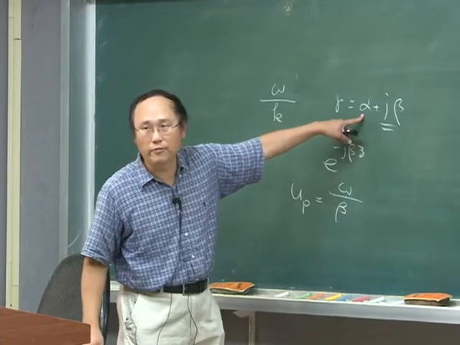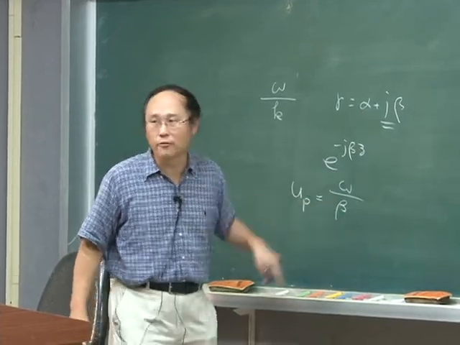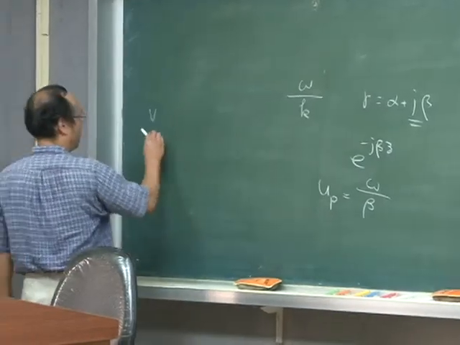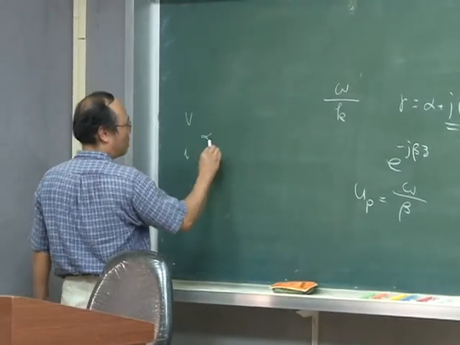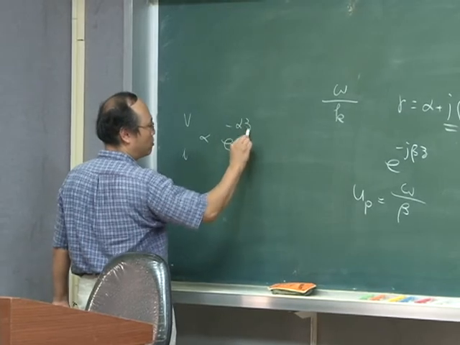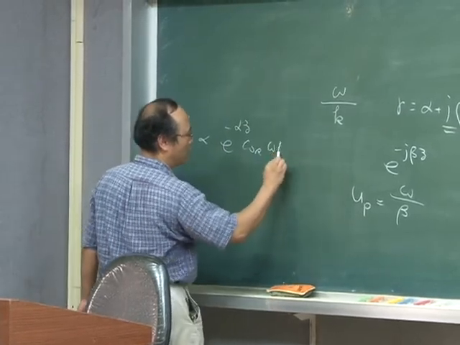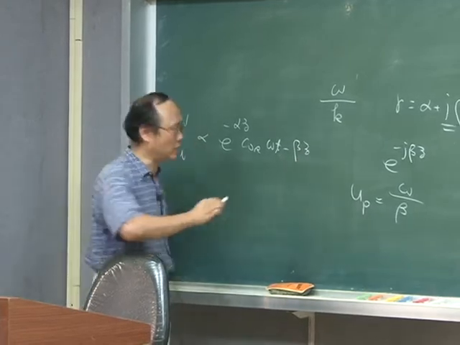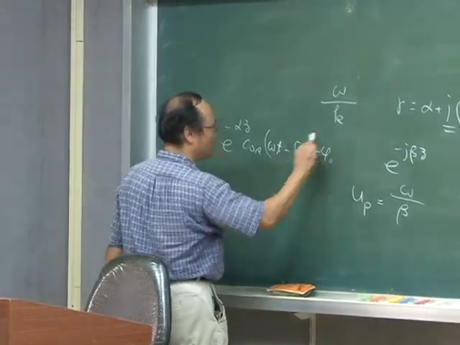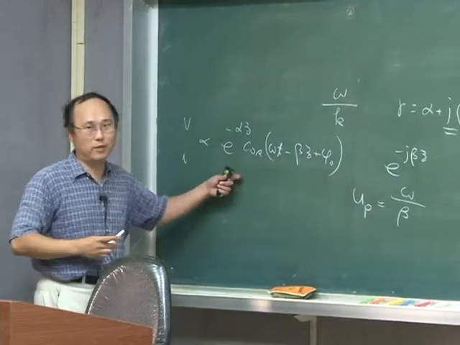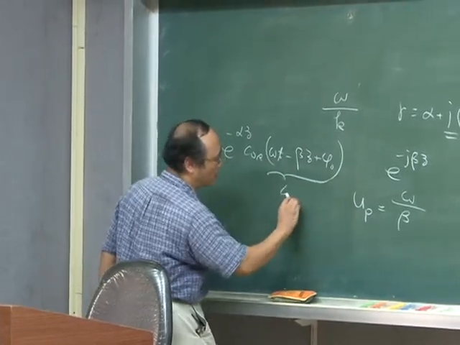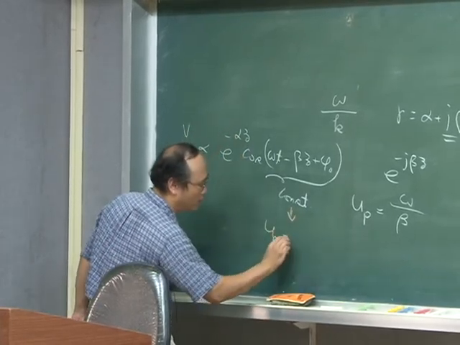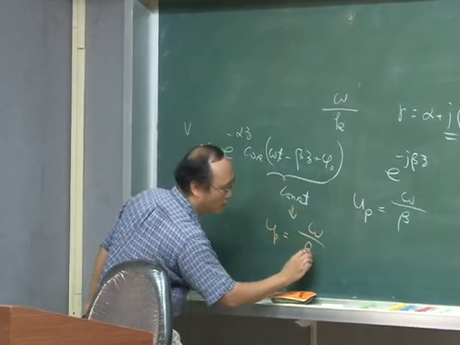Alpha is not going to affect the propagation speed of your wave because your wave V or I is going to be written into this form, cosine omega t minus beta z if it's propagating along the plus z direction, and then an initial phase. So for this wave, if you set this to be a constant, then you end up having v_p, your phase velocity, equal to omega over beta.